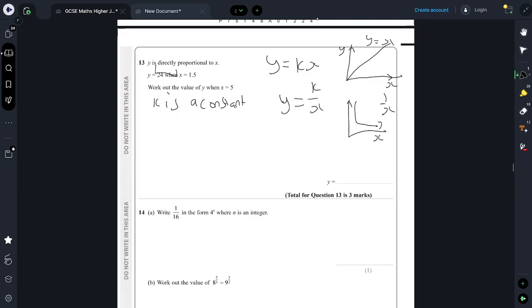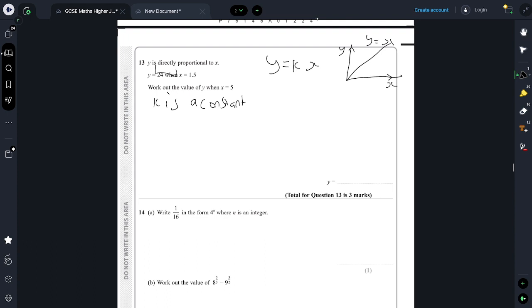If y goes up here, x has to decrease. So just remember those two equations: y is kx if it's directly proportional, or k over x if it's inversely proportional. But here we're doing direct proportion, so you write down y is kx, constant.